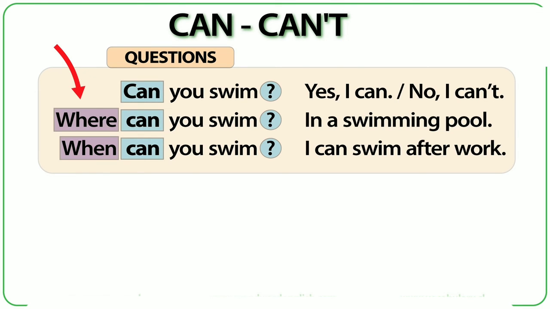We can use a question word such as where, when, why, what, etc. These question words go before can. Where can you swim? In a swimming pool. When can you swim? I can swim after work.